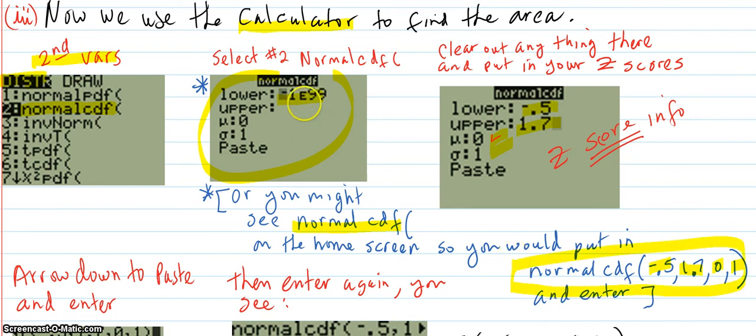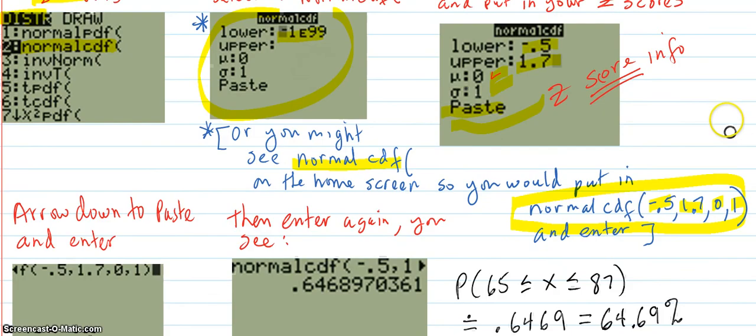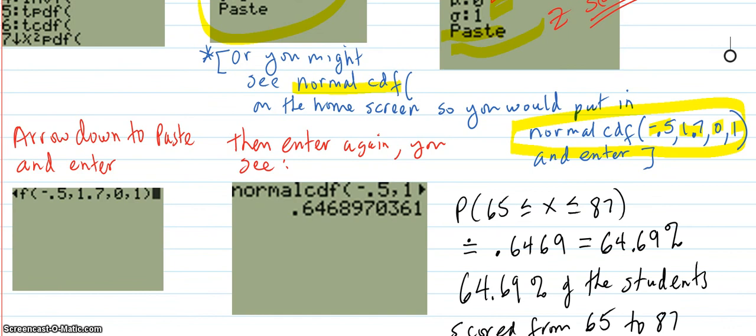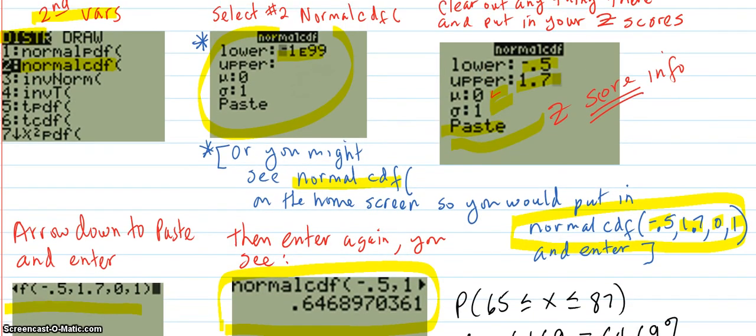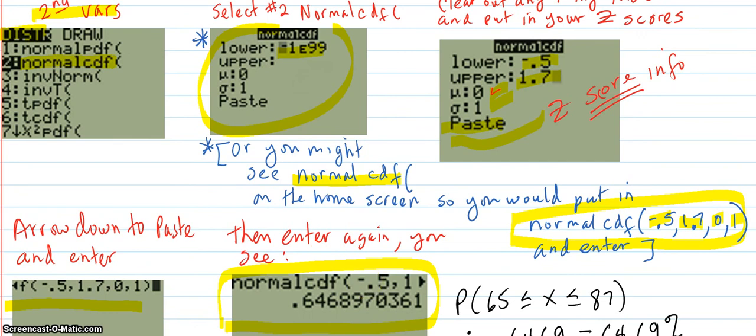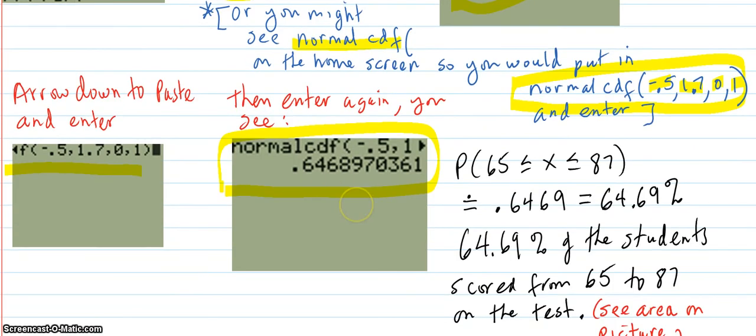If you're seeing this menu and you enter this, then you arrow down to paste, and when you paste it you'll see the same thing as the other people saw, and then you enter again and you get this. So both kinds of calculators are going to end up with the same look at the end.